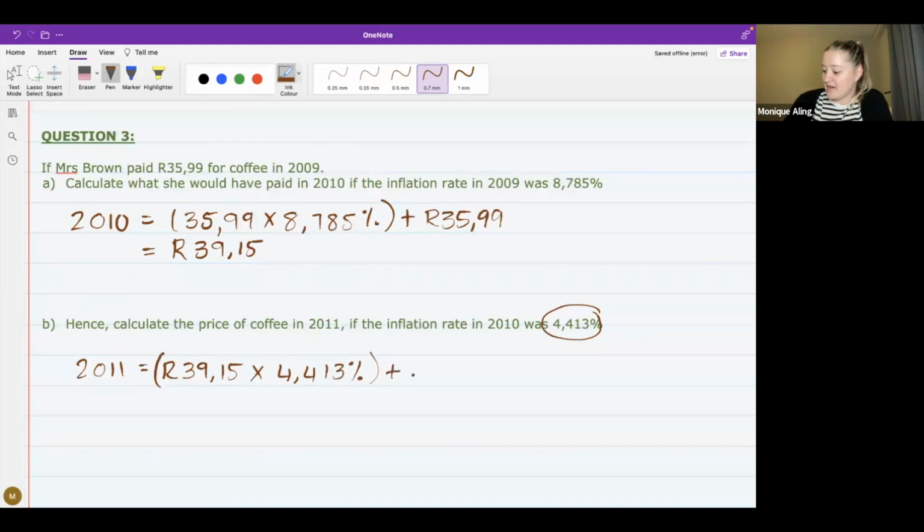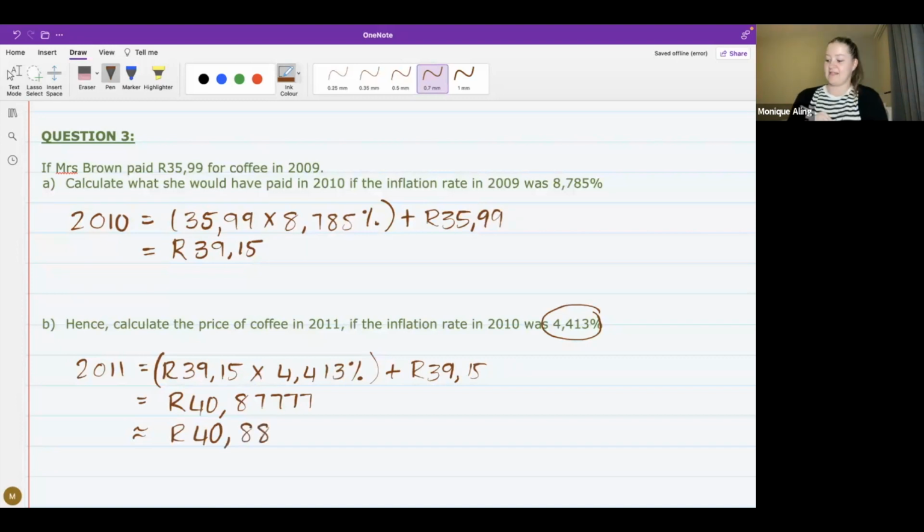We add it back. And you get an answer of, so I'm just going to show you what you get in the calculator, 8,8777. When you round, it is 40,88.